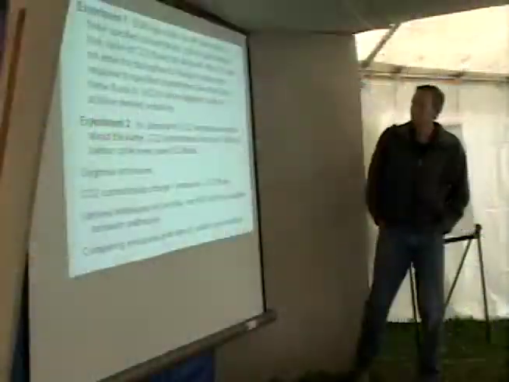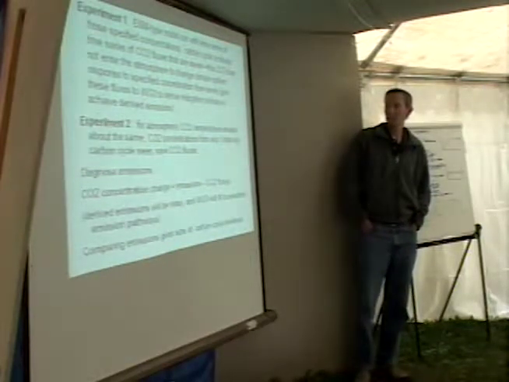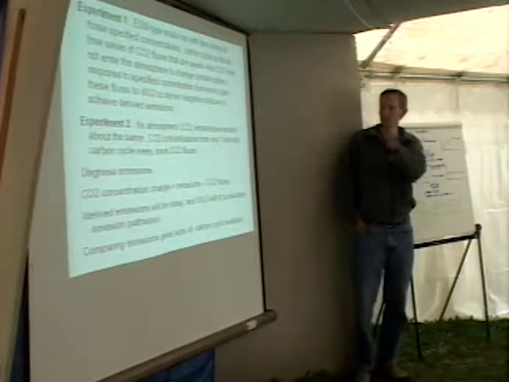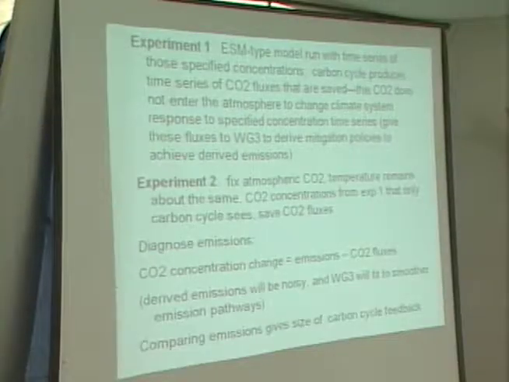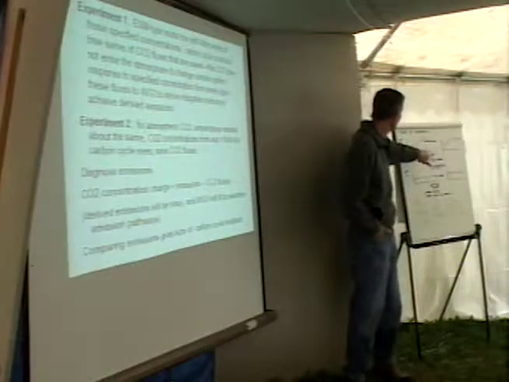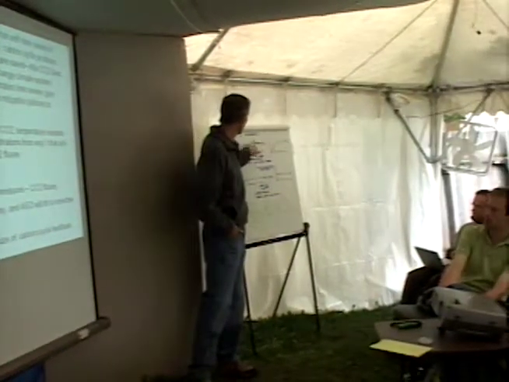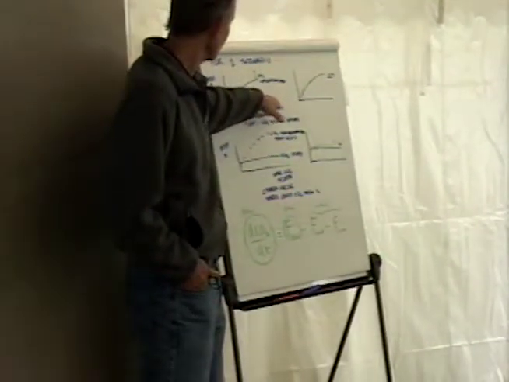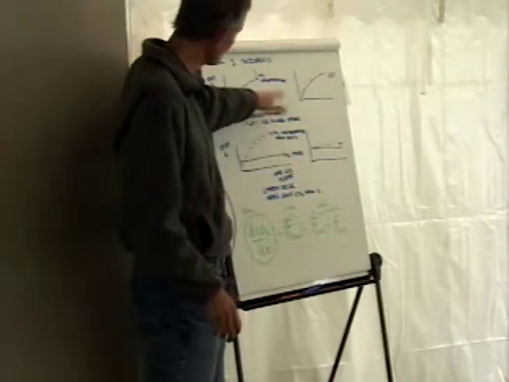So Peter just gave a nice summary of these experiments. The idea would be that there'd be these two experiments, each of them run with the two scenarios. As we saw here, experiment 1 is one where you fix the CO2 concentrations so that the temperature responds in the atmosphere. The carbon cycle sees the concentrations and the temperature change, and responds with CO2 fluxes between the land and the ocean, but the atmosphere doesn't see those fluxes.